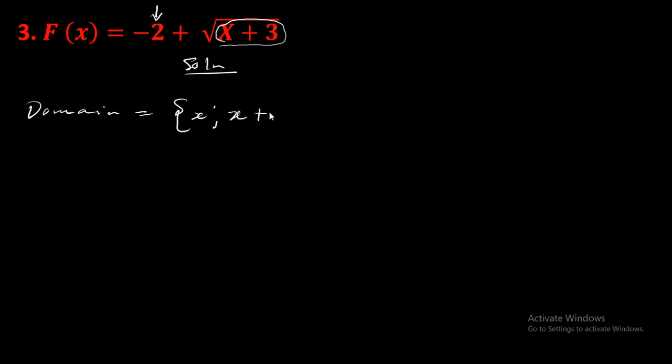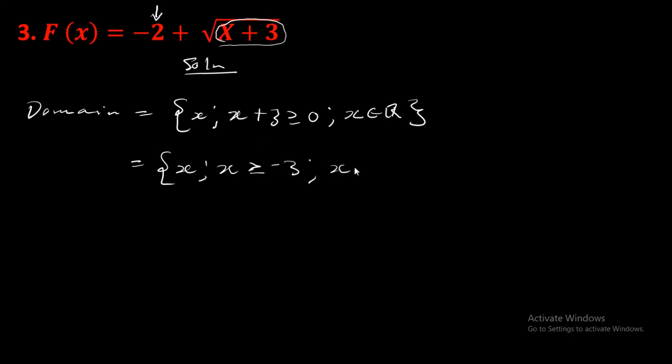You say x plus 3 should be greater than or equal to 0, such that x is a member of real numbers. Then this 3 will go to the other side, and x will be greater than or equal to negative 3, such that x is a member of real numbers. This is how simply you can look for the domain.